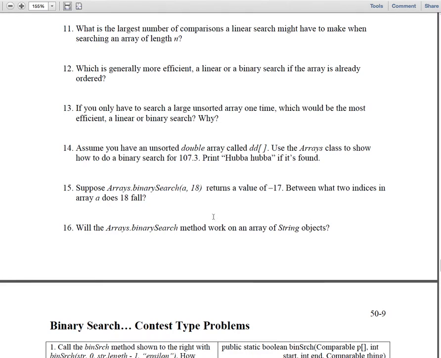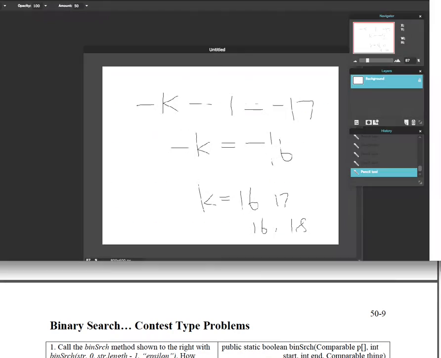Am I wrong there? Let's see. Between which two indices? So I think that's correct. Okay, so 16 would be the index before which it would have been inserted. So it would have been inserted at 17, which means that the two indices between which it lies, or would have lied, are 16 and 18.